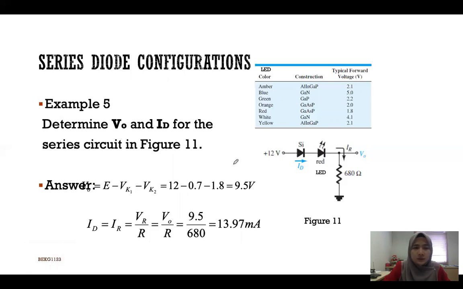Given this circuit, determine V naught and ID for the series circuit in figure 11. The V naught is over here. It is actually V across the 680 ohm resistor. If you redraw this, you actually have something like this.